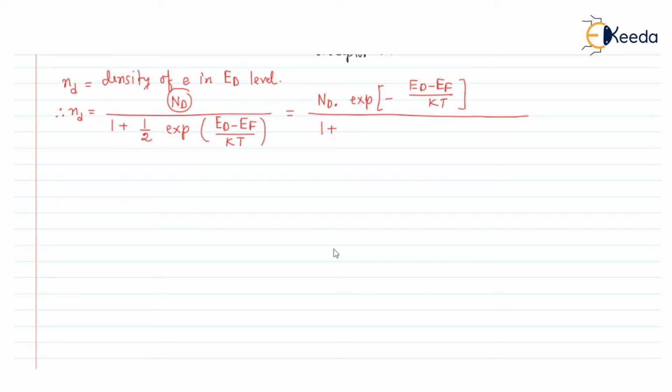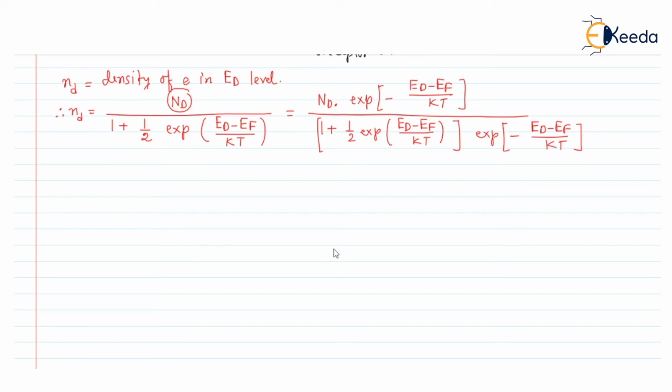So in the denominator there was half exponential Ed minus Ef by kT, and it will be multiplied by exponential minus Ed minus Ef by kT.